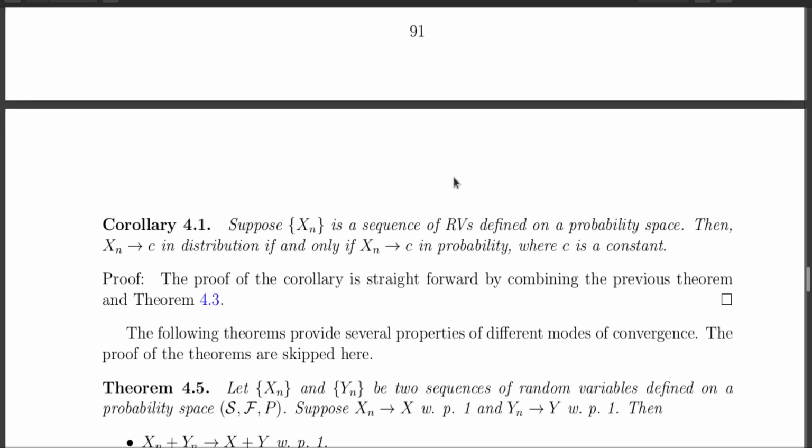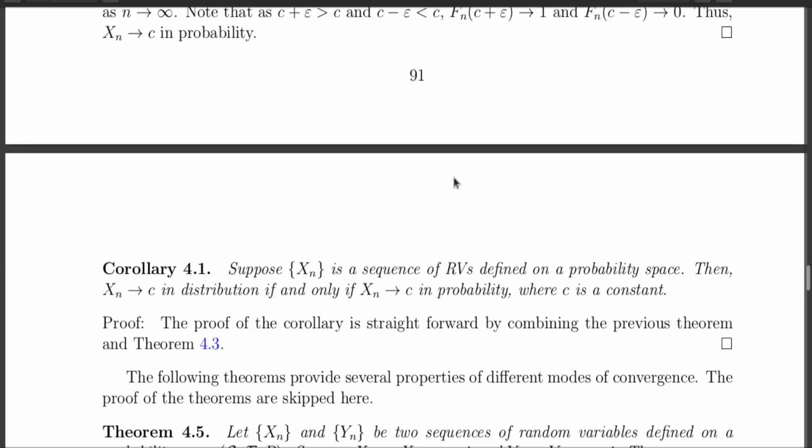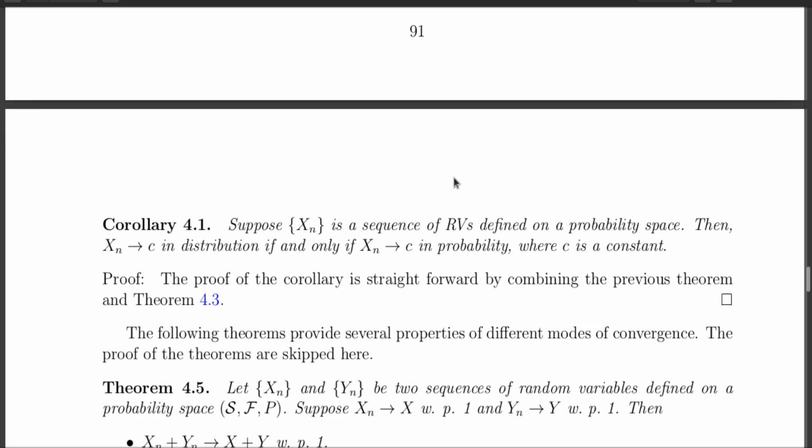Using the previous Theorem 4.3 and Theorem 4.4, combining these two, we can say that Xn converges to c in distribution if and only if Xn converges to c in probability. Because if Xn converges to c in probability, then Xn converges to c in distribution, since probability convergence implies distributional convergence.